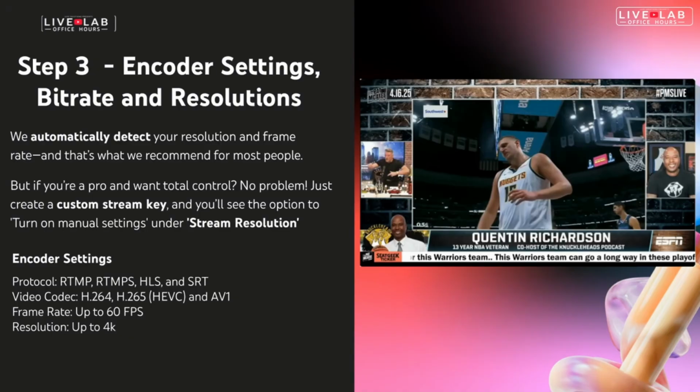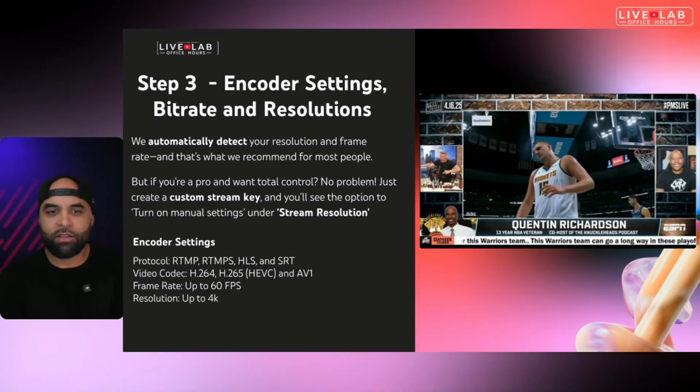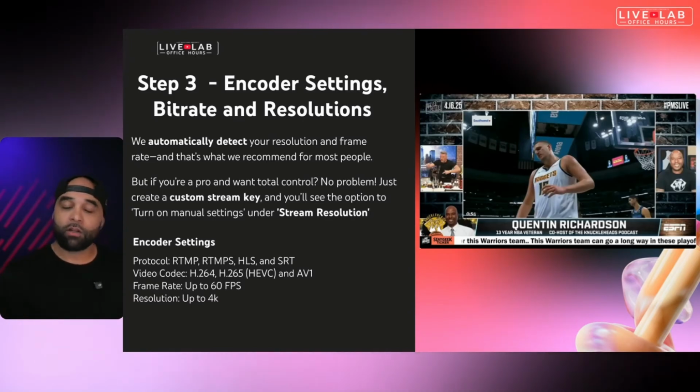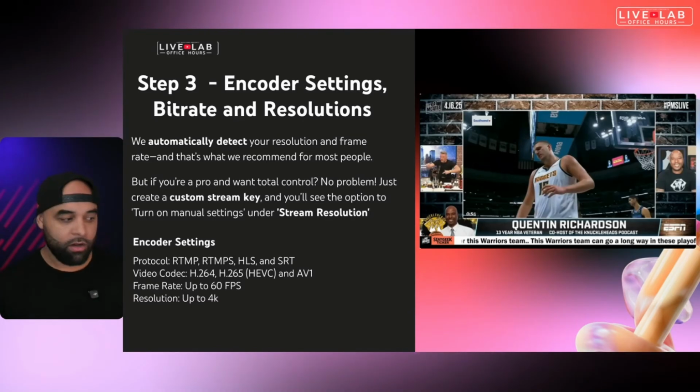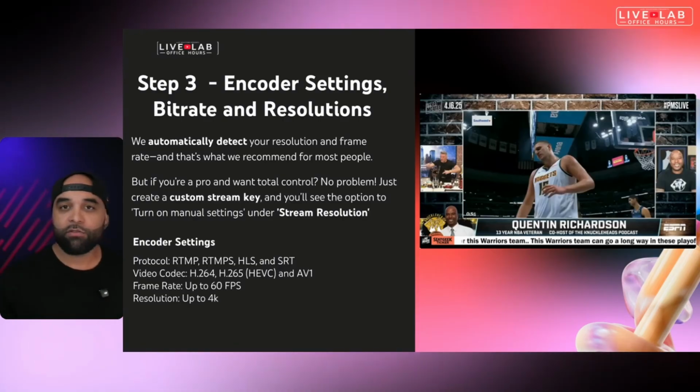The video codecs that we support: H.264, H.265, HEVC, and AV1. For the higher quality, the best picture, you want to go with AV1 or H.265. If you don't have a newer computer, or maybe your encoder can't support AV1 or H.265, H.264 is more than enough.